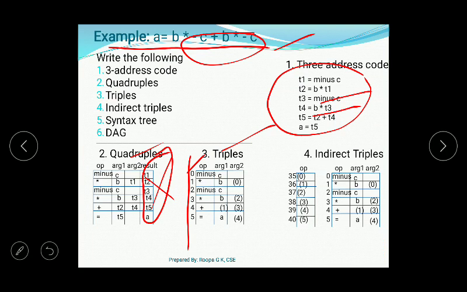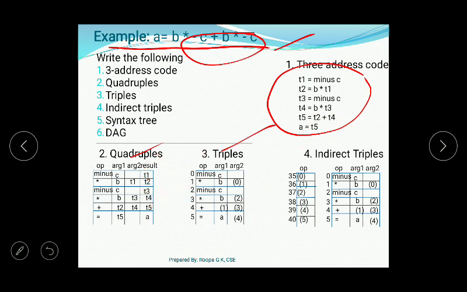But T3 is already stored in index 2, minus of C. So index number 2 is written. So for the plus, 1 and 3 are the operands. 1 is nothing but B star minus C. 3 is nothing but B star minus C. So 1 and 3. And finally, last line, you understood now, assignment. First argument is A and second argument is 4. 4 means partial result.